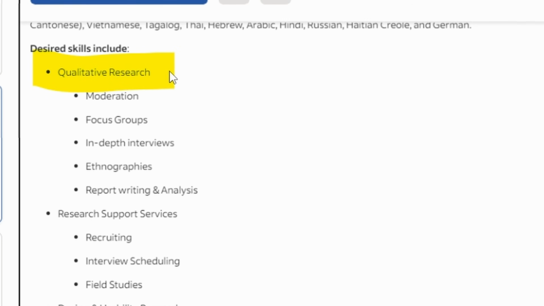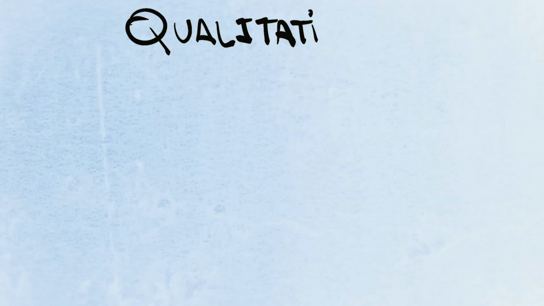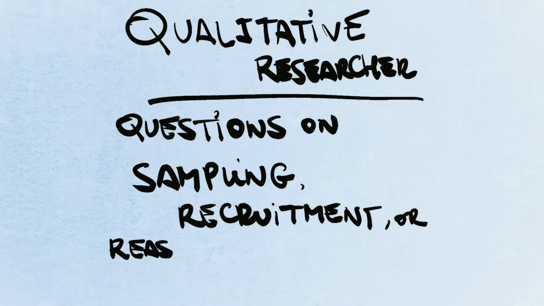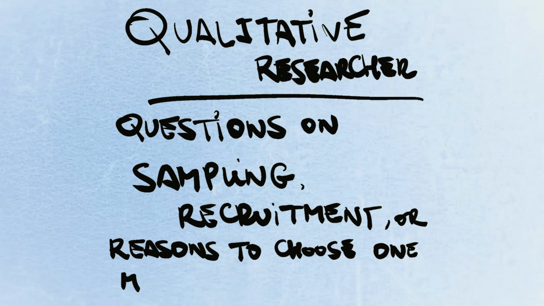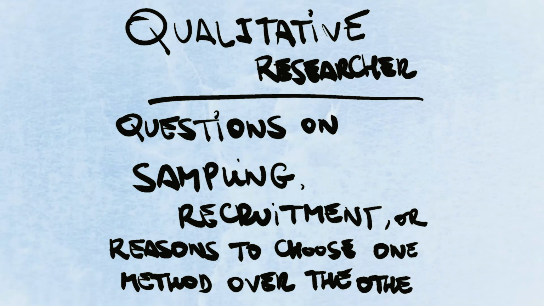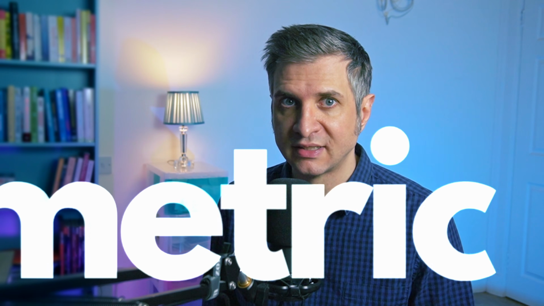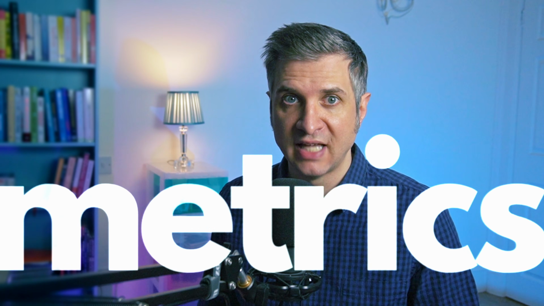For quant or mixed methods researchers, a typical technical question would be around statistics, while for qual researchers, technical questions tend to be around sampling, recruitment, or reasons to choose one methodology over the other. Nowadays, there's also some emphasis on metrics, how to track and measure success. And I plan on making a whole video on the topic, so watch out for that.